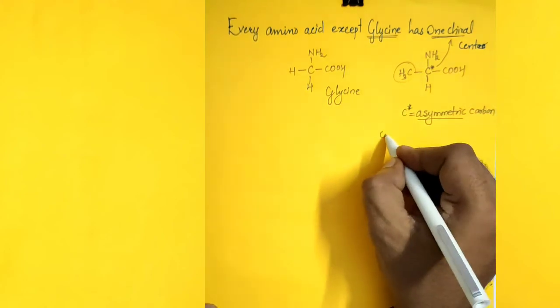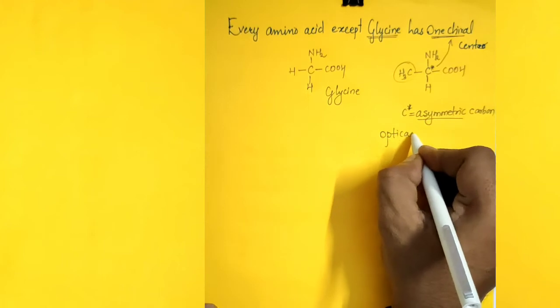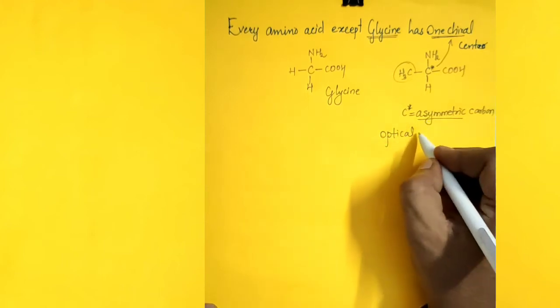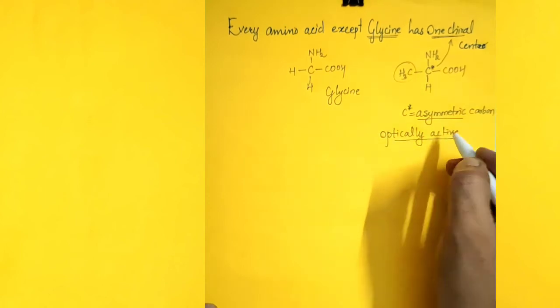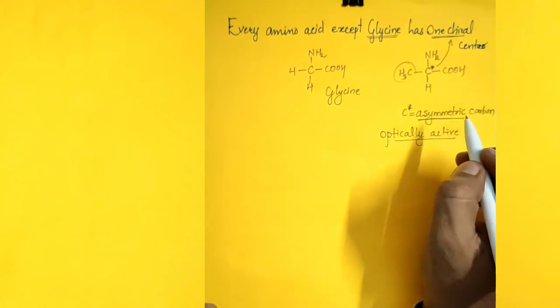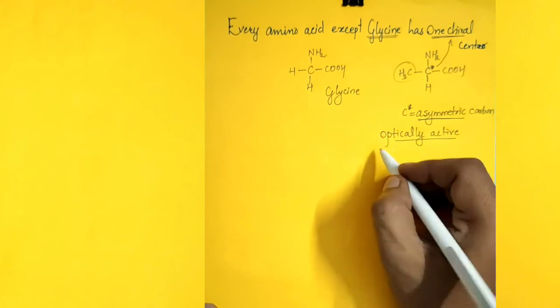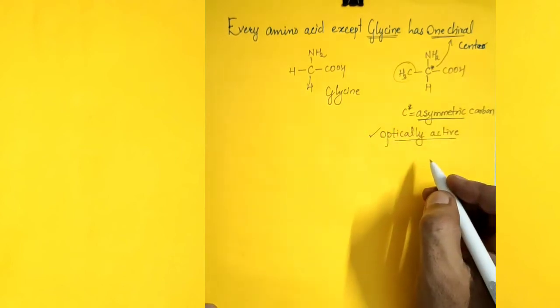They are called optically active compounds. A compound containing an asymmetric carbon atom, a chiral carbon, is said to be optically active.